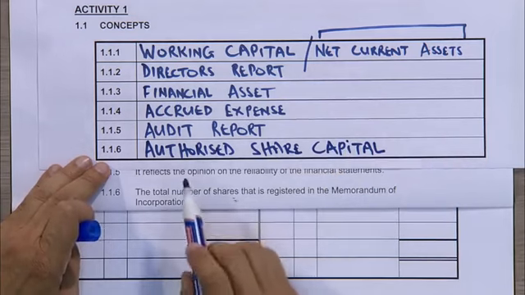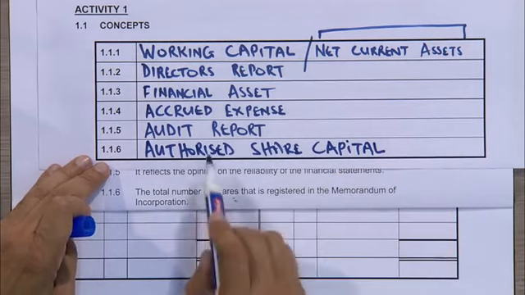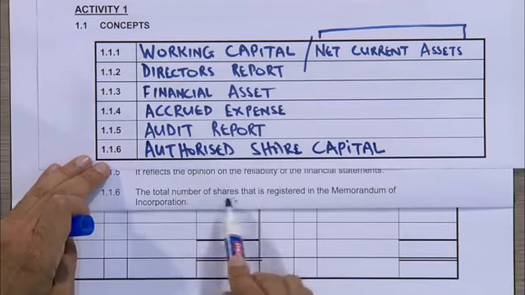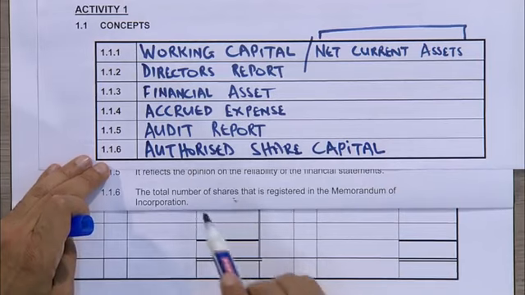There's a difference between the authorized share capital and the issued. Remember, authorized is the maximum number of shares the company is allowed to issue. Issued is the actual number that they have issued. That takes care of 1.1.1.